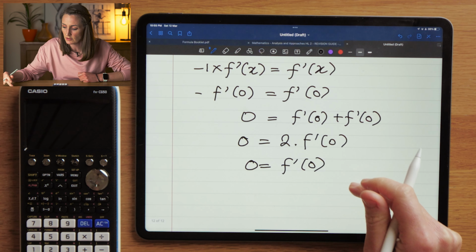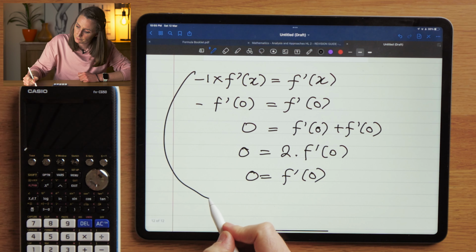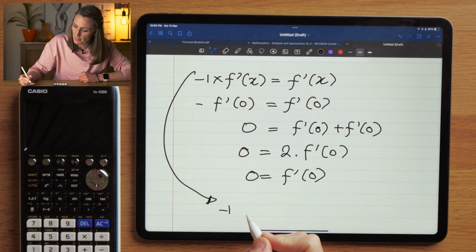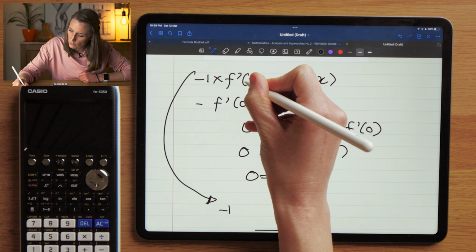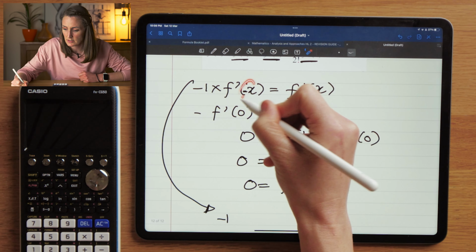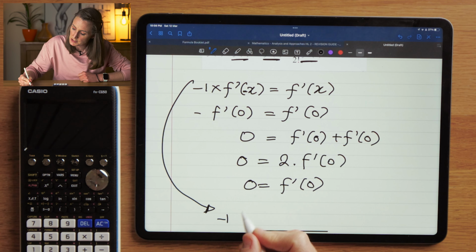And this pattern is just going to keep repeating, because if I start here and take the next derivative, well, I've already got a minus 1 there. Did I lose a minus x here? That was a bit naughty of me. So if I differentiate this, I've got the minus 1 there.